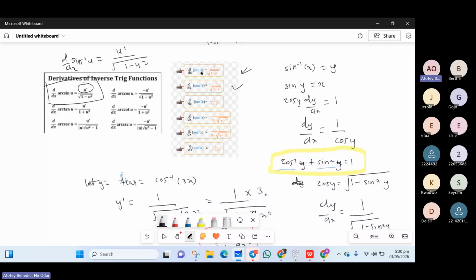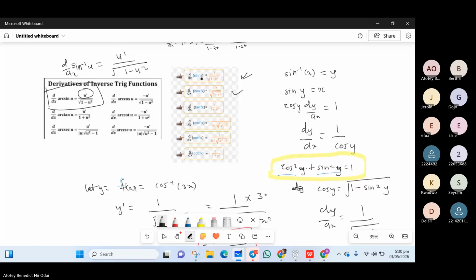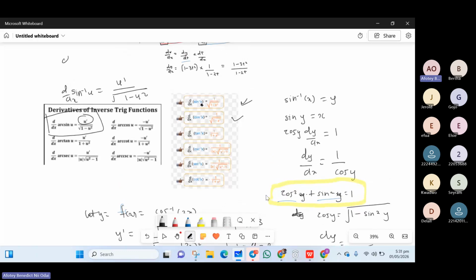Now, in this case, you are finding the derivative of cos inverse of 3x. So we are using this formula, not for the sine, we are using the cos formula. The only difference is the negative, right?